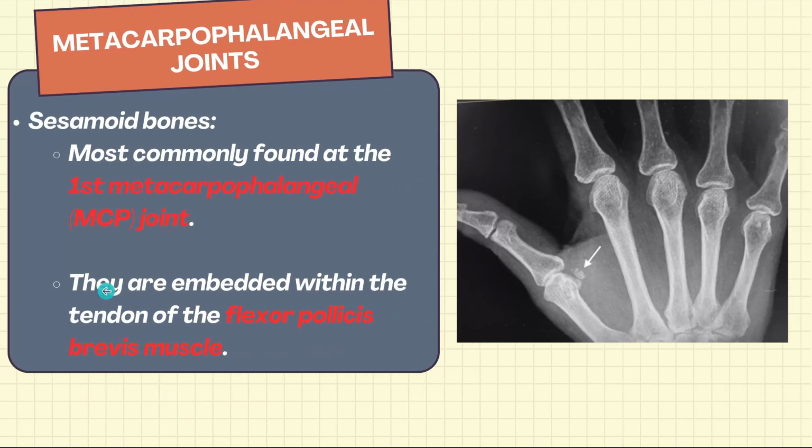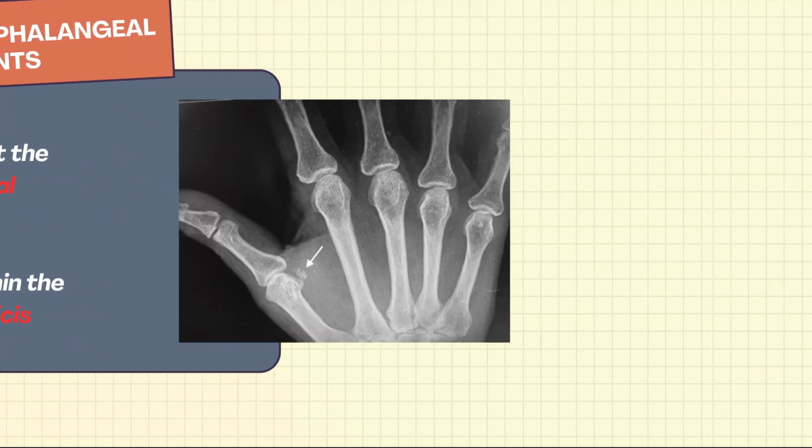Now, there's also another part for metacarpal phalangeal joints, that sometimes these joints can have a sesamoid bone with them. Most of the time, it's in the first metacarpal phalangeal joint, and this sesamoid bone is embedded within the flexor pollicis brevis muscle.